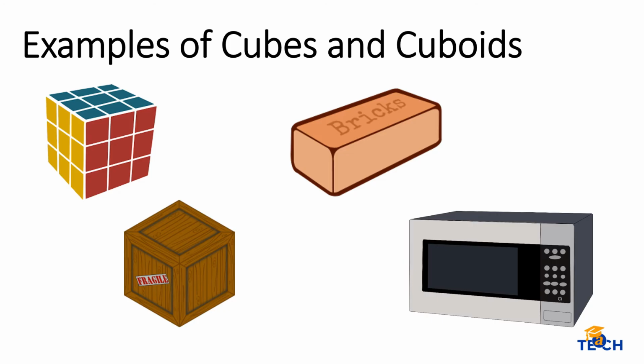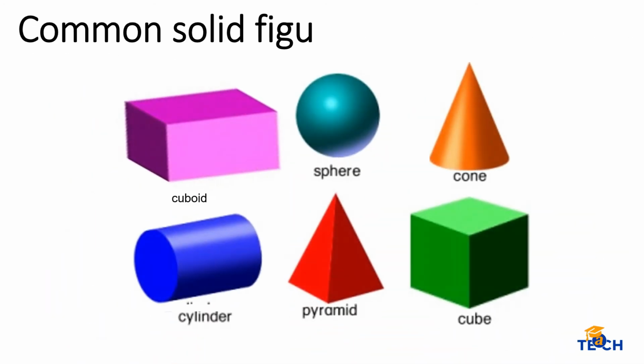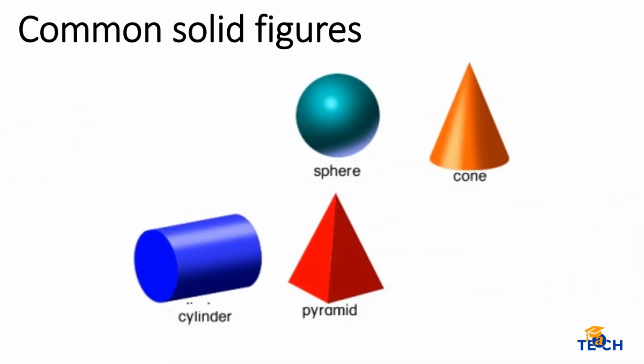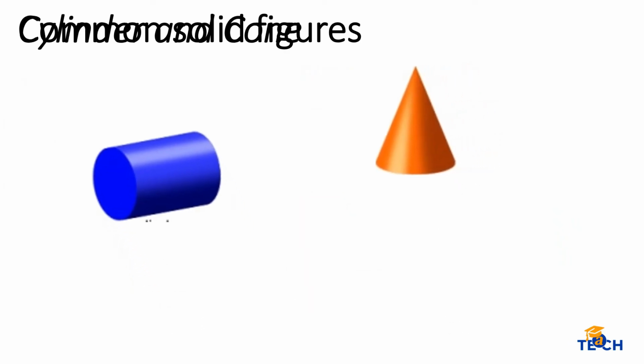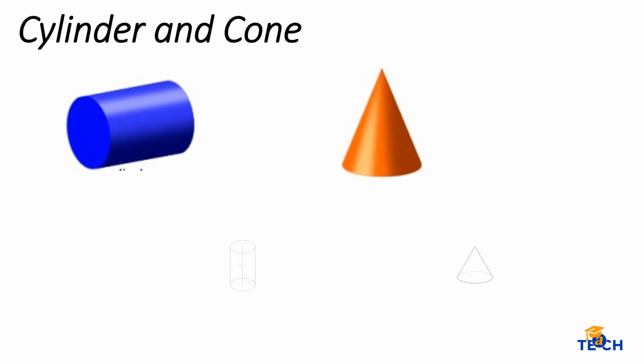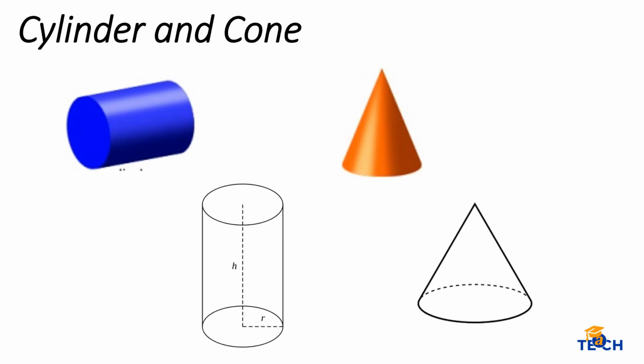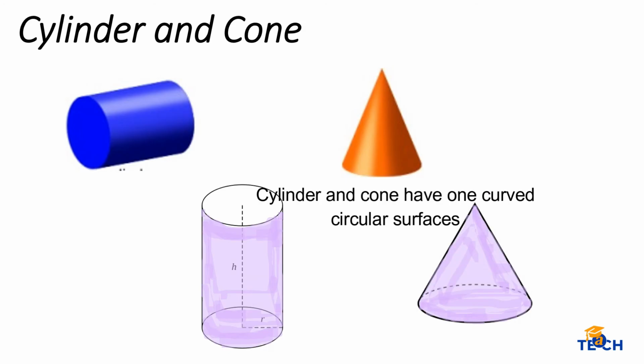Going back to the common solid figures, since we are done with cube and cuboid, let us proceed with a cylinder and a cone. Listen carefully so we won't have to repeat these anymore. A cylinder has 2 flat circular surfaces, while a cone only has 1 flat circular surface. For its curved circular surface, both the cylinder and the cone have 1 curved surface.